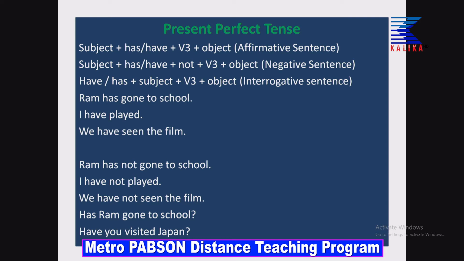I is a subject, and with I, I told you all that we have to use have. We have seen the film. Now in negative sentences: Ram has not gone to school. I have not played. We have not seen the film. Has Ram gone to school? Have you visited Japan?